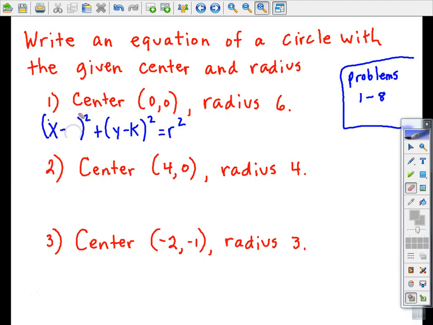So we're going to let h be replaced with 0. This number k should be the y-coordinate of the center. So I'm going to let k be replaced with 0. R, in this case, the radius, is 6. So r squared would be 36.